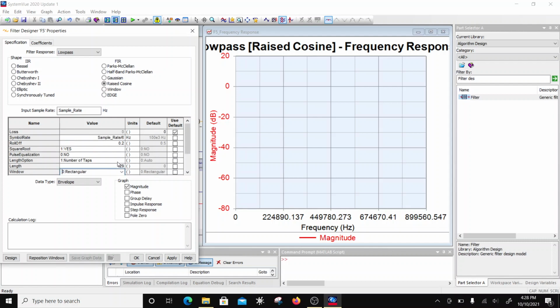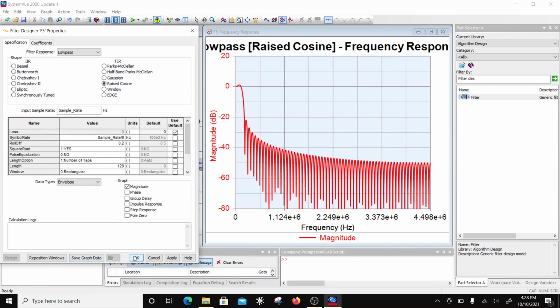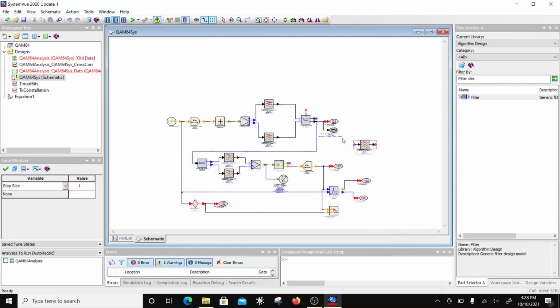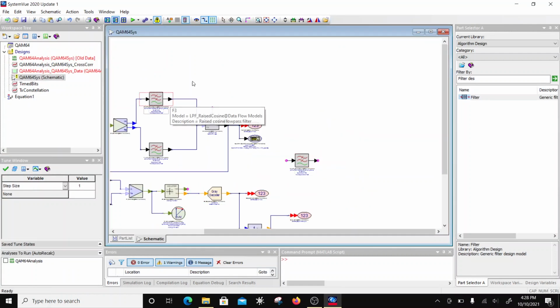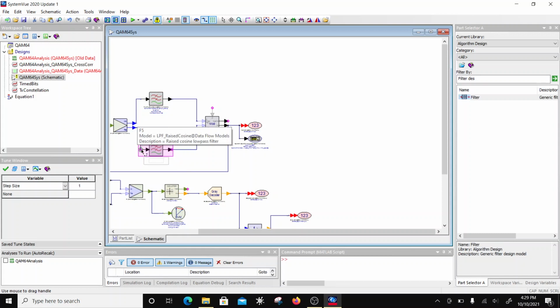And then window is rectangular, interpolation is, let's say, 5 bits, and say design and say okay. So I have a filter. The problem is the way I'm plotting the constellation, it doesn't account for the decimation delay. That's why it is scattered, so I am not going to worry about that for now.